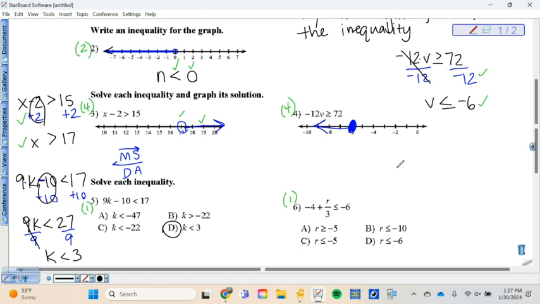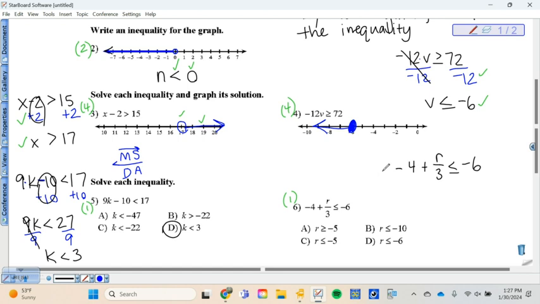Okay, here I've got -4 plus r over 3 less than or equal to -6. What do I do first? Good. This one's kind of funny because I'm like adding a negative number.